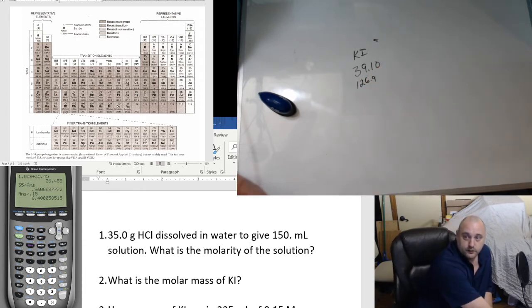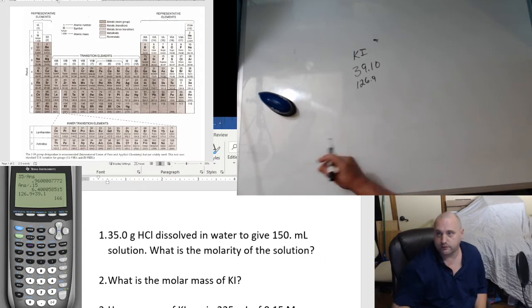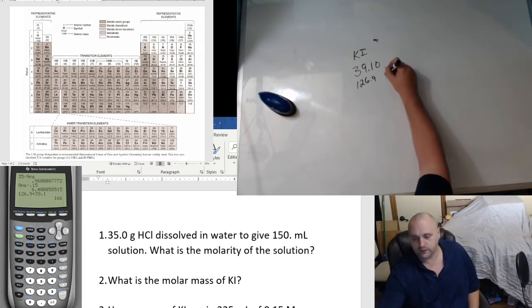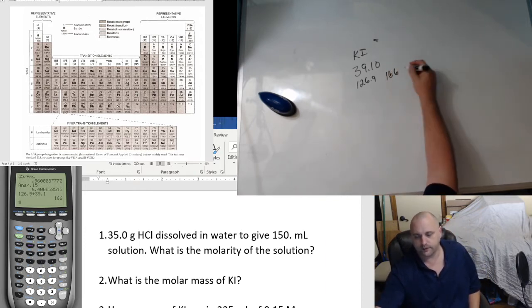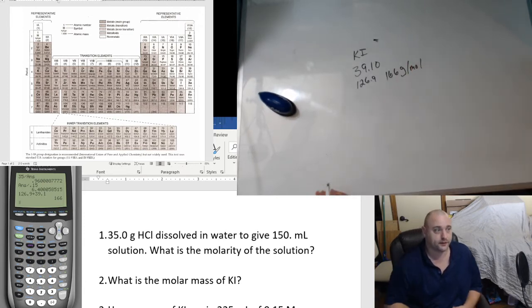This is literally as simple as 126.9 plus 39.10. I got exactly 166, huh? Yeah, it depends on how many sig figs you use. Now, don't forget units on this. This is grams per mole for molar mass.